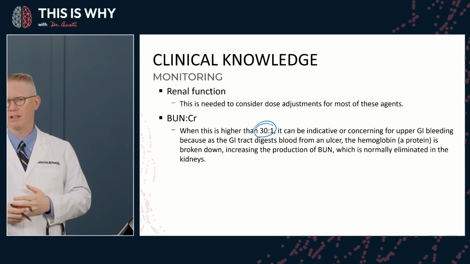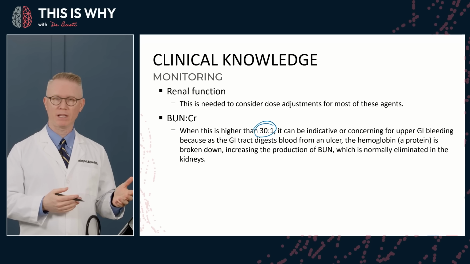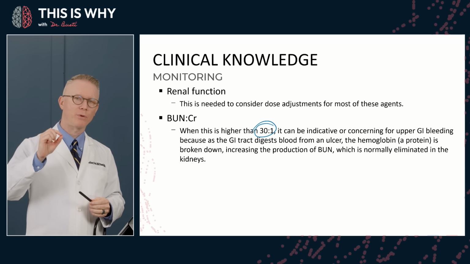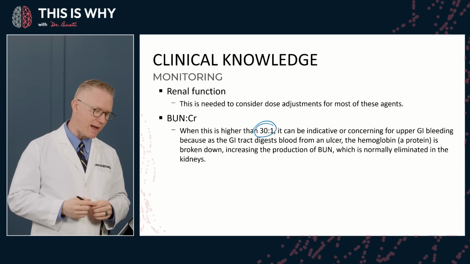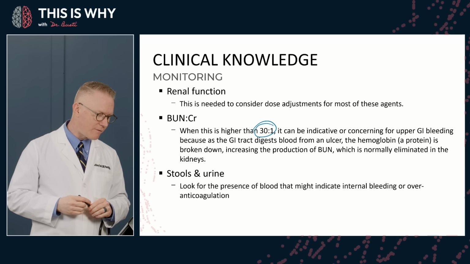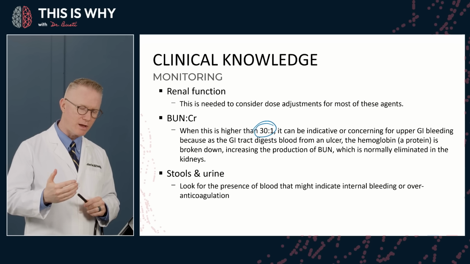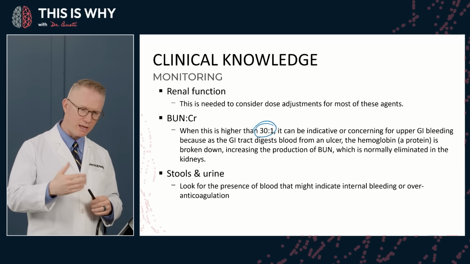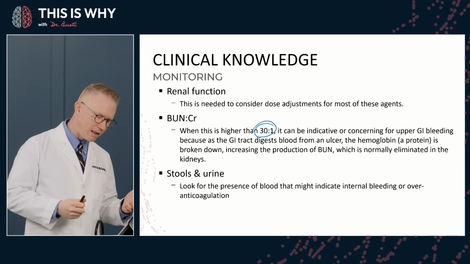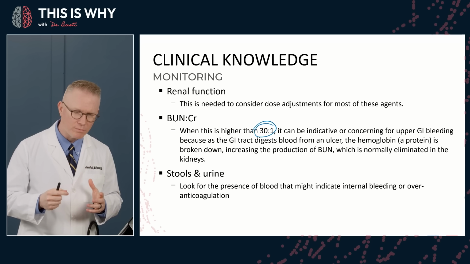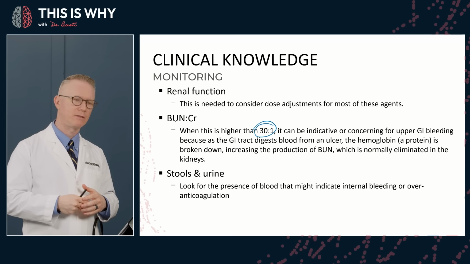Now, it doesn't guarantee that the patient's having a GI bleed, but it certainly is a parameter that can be indicative of that. So be very careful of that. And then, of course, looking for blood in the stool, hematuria and melena in the stool. So hematuria is blood in the urine. Melena is dark black stool, right, from high up.